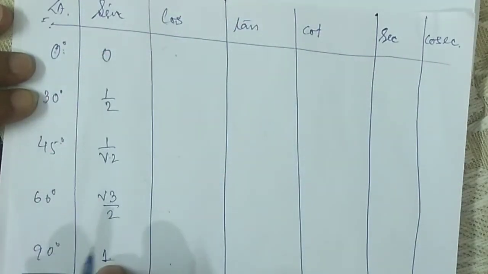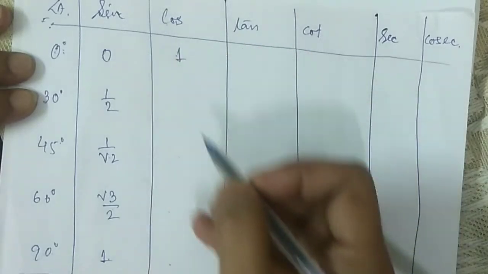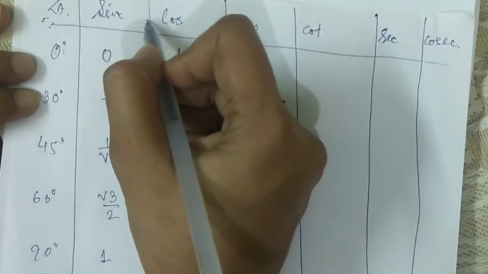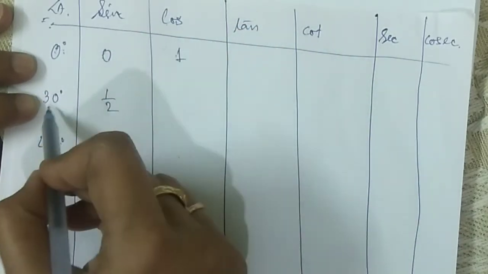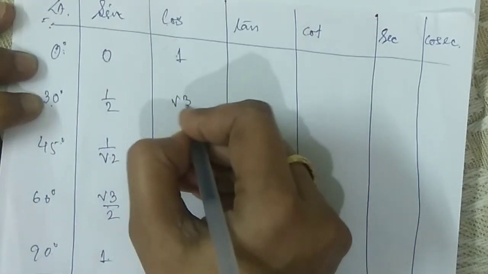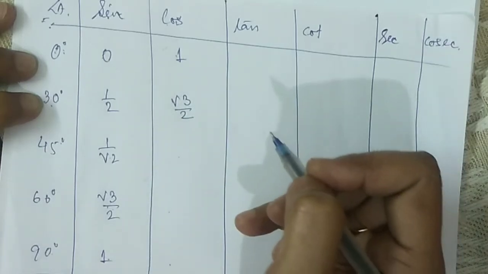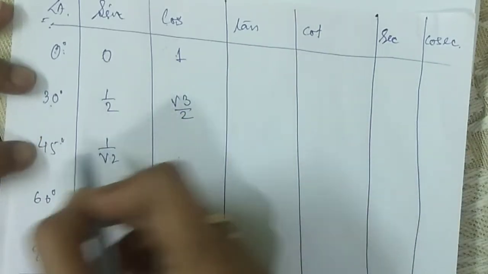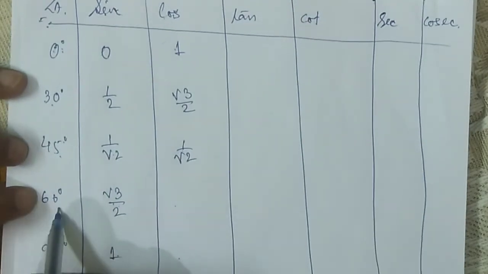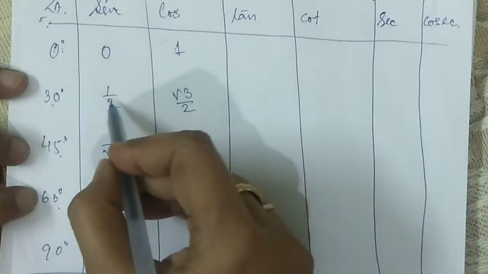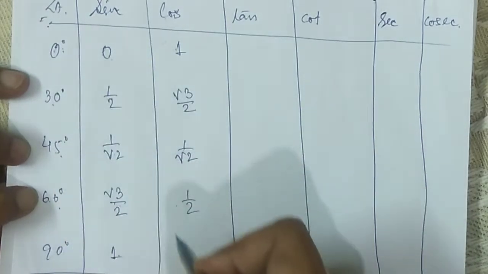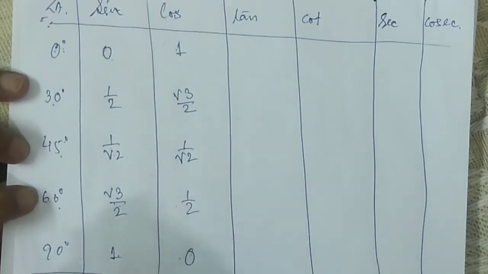Like cos 0 will be 1. Then cos 30 will be root 3 by 2. 45 will remain as it is. For 60 degrees, this will come as half.